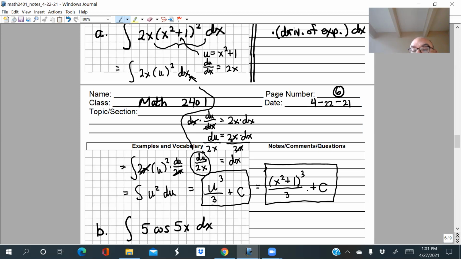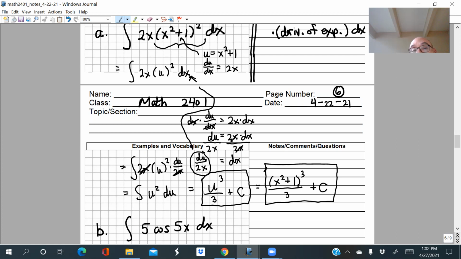Y'all see the answer here now? Here is the answer. It's x squared plus 1, all cubed, over 3 plus the constant. So we end up with not really a bad answer, right? But we did have to go through this intermediate process of substituting the u for the x squared plus 1.